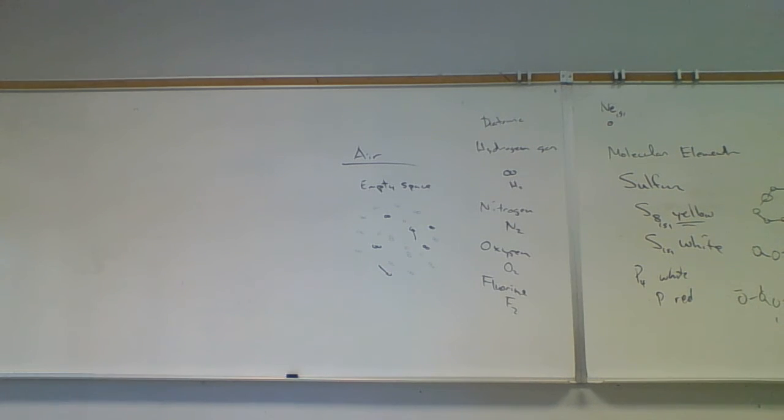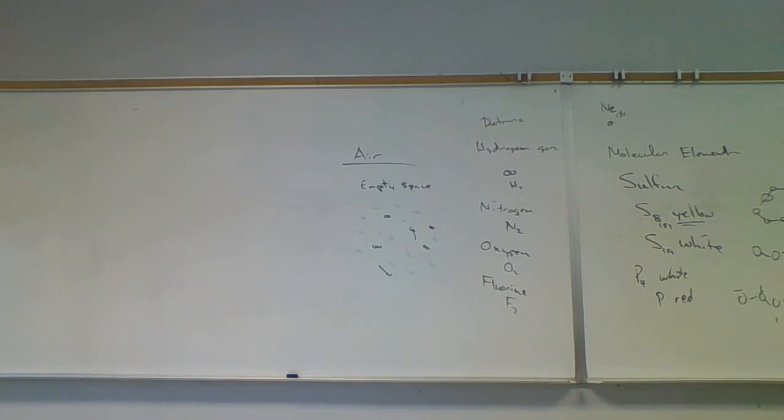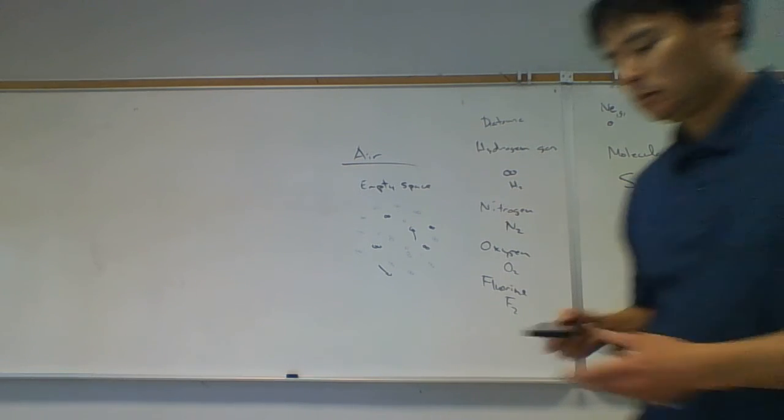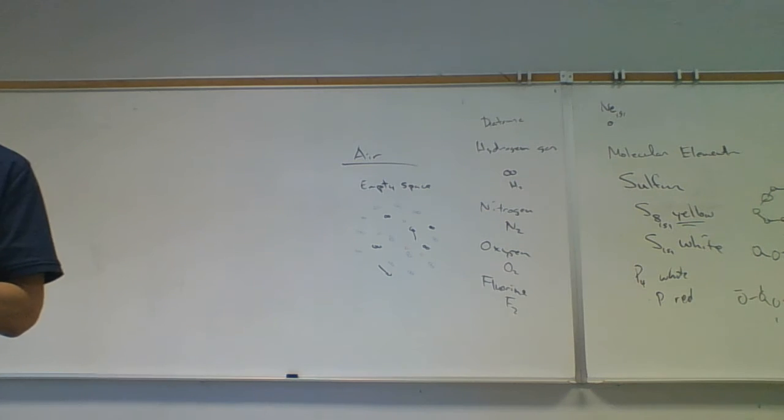That's the 7. What's the symbol for chlorine? Cl. Bromine's Br, iodine is I. At is radioactive, so we don't really worry about At so much. So those are the 7 diatomics.